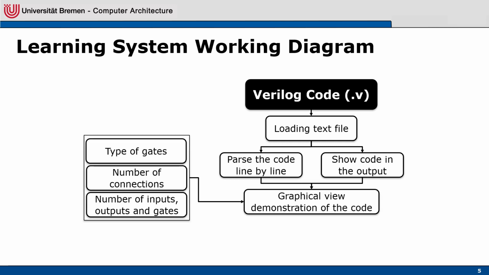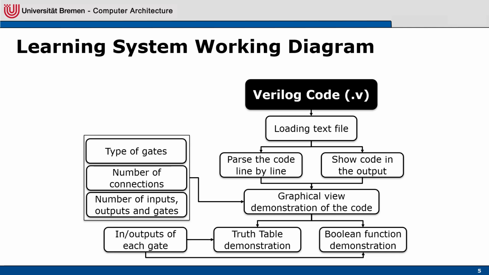Then the system starts drawing the graphical model of the circuit based on the Verilog code, type of gates, number of connections, number of inputs, outputs, and gates. Also, when the student taps on a gate in the graphical model or a line of code, the system shows the truth table and the Boolean function corresponding to that particular gate.